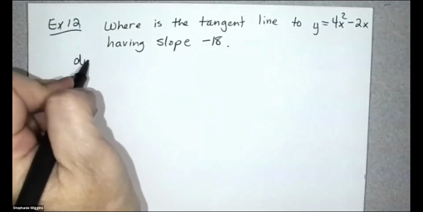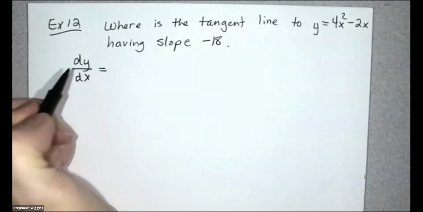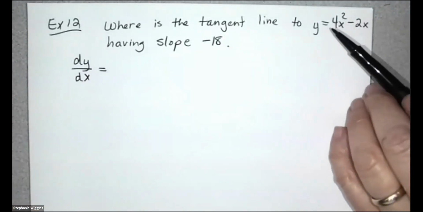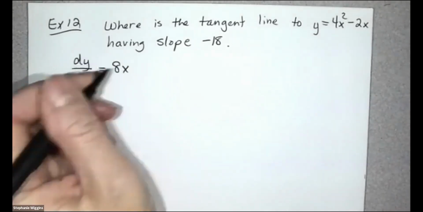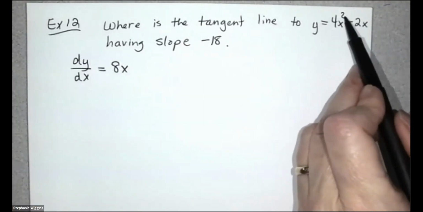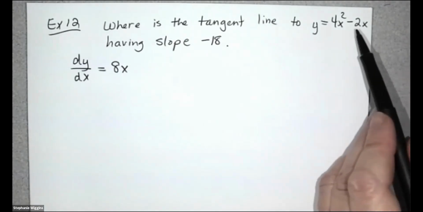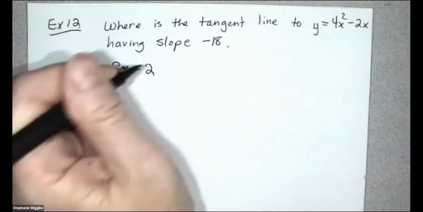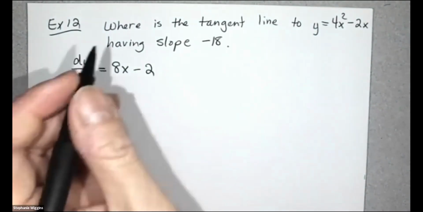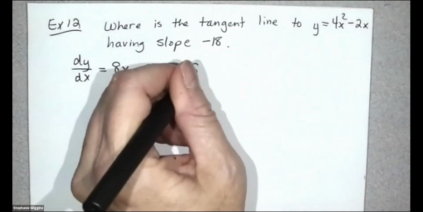So calculating dy/dx, here's our function. We take 2 times 4, that's 8x. Subtract 1 from 2, we get 1. This is the linear part, so the derivative is just negative 2. And we want this to equal negative 18.